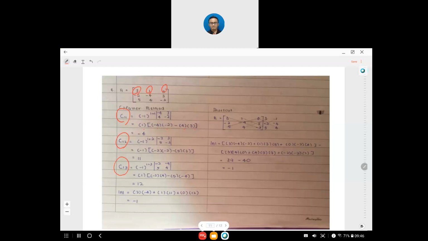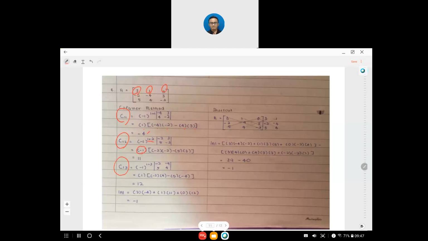So you can get here 8 minus 12, negative 4. And then C12, cofactor for 1, 2, negative 1 the power of 1 plus 2 equal to 3. Since negative 1 the power of odd number, so it becomes negative 1.